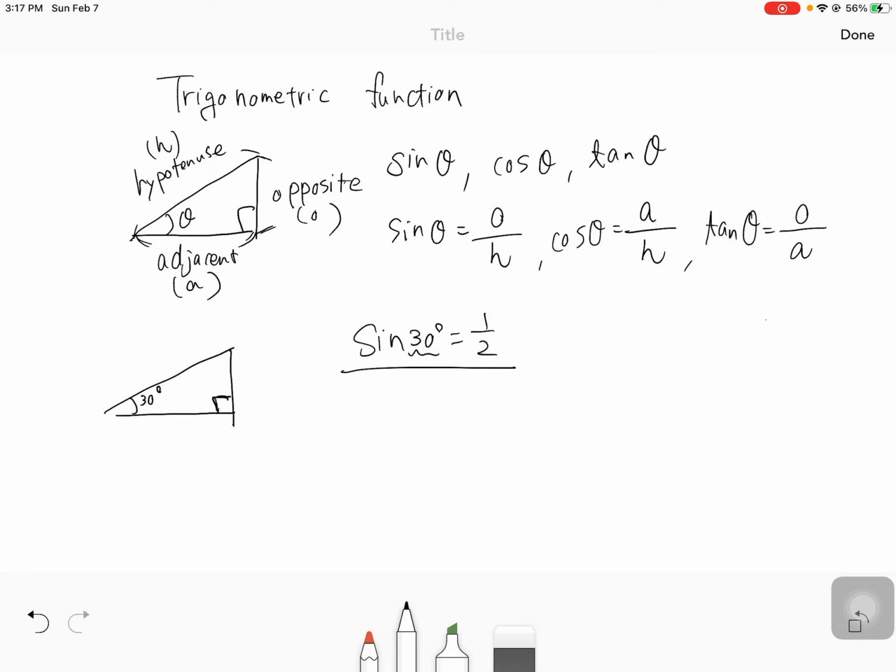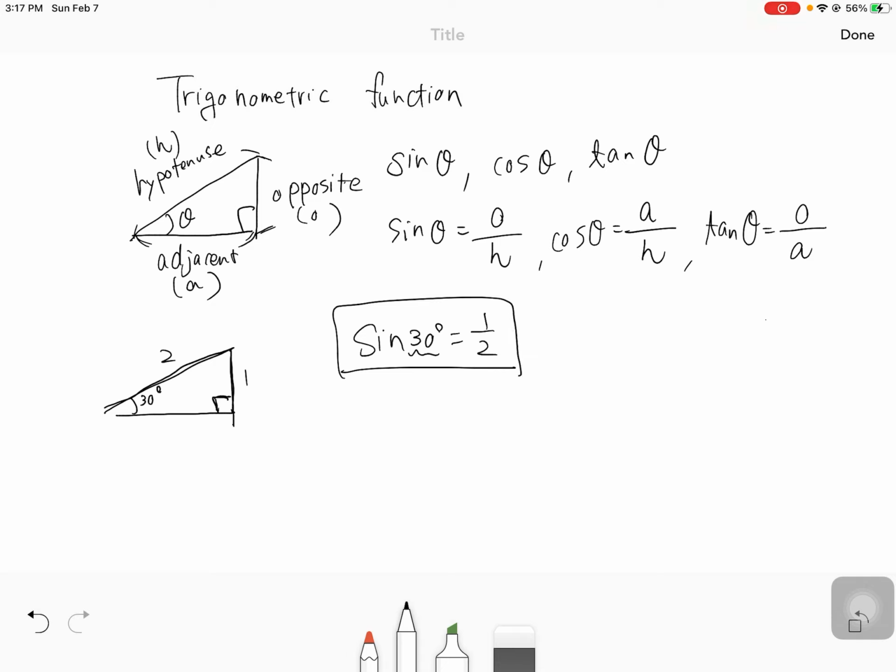So sine 30 degrees equal to 1 over 2 means the ratio between these two sides is 1 to 2. That's because sine theta is the length of the opposite over the length of the hypotenuse. So it's going to be like that. This is the meaning of sine 30 degrees being equivalent to 1 over 2.